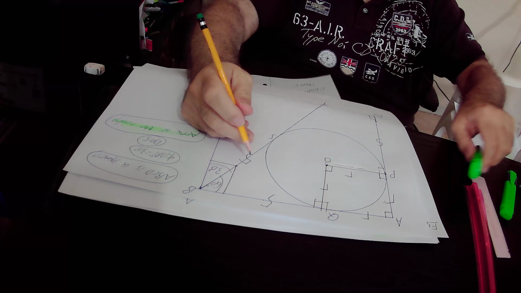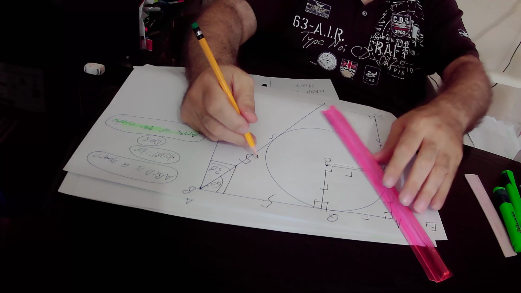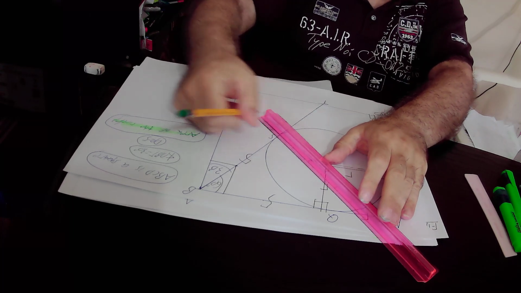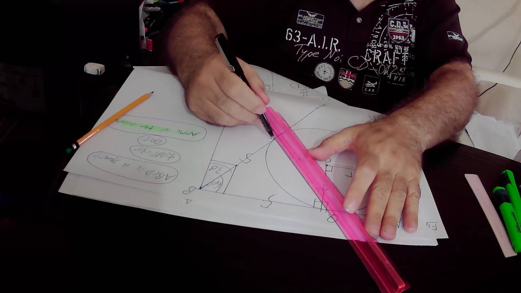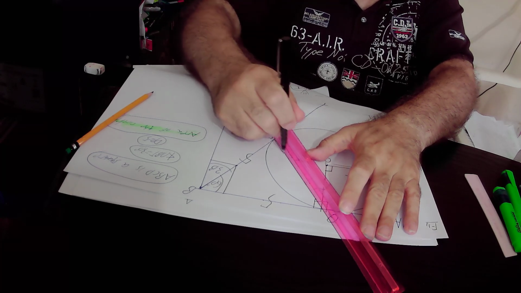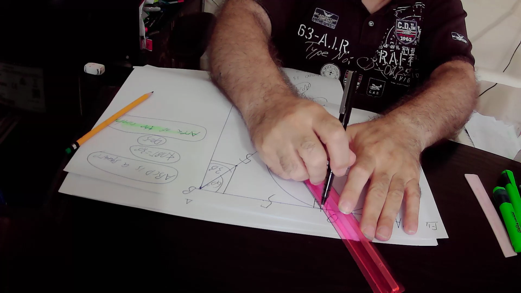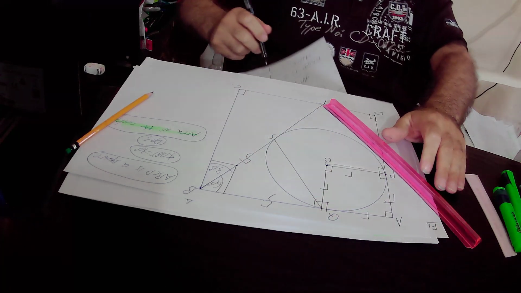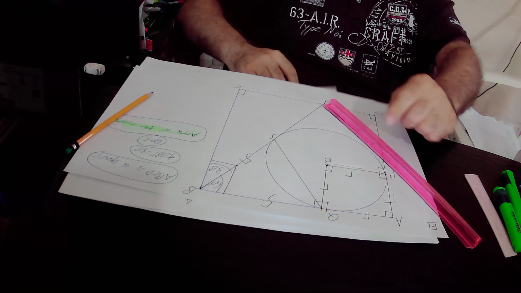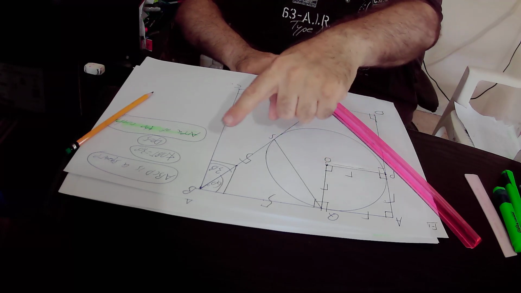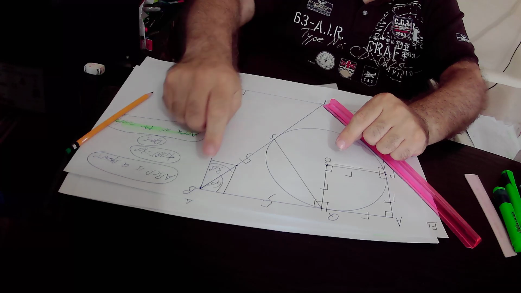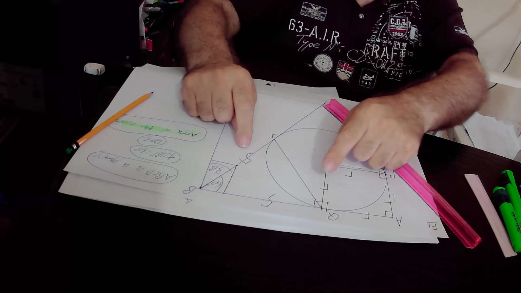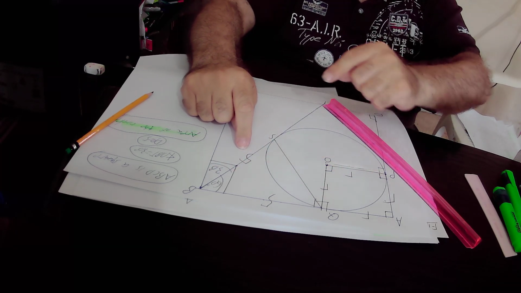In the next step, we join points Q and S together by a straight line. Here we created triangle QBS. In triangle QBS, side BS equals side BQ. They are both equal to 5 units, therefore they are equal to each other.